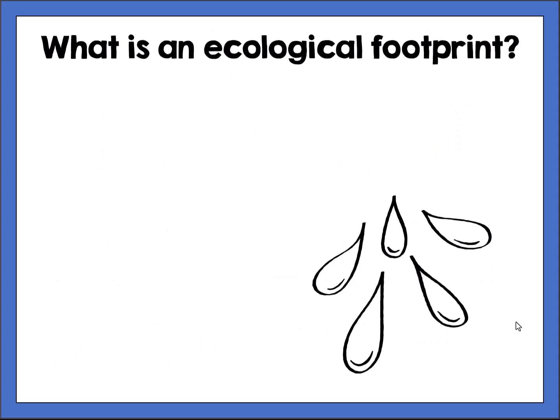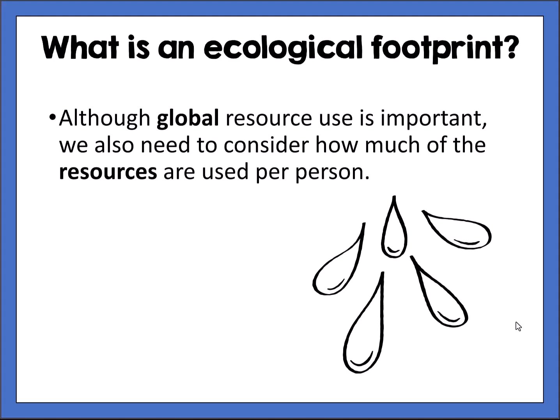What is an ecological footprint? So although global resource use is important, while we're talking about the entire human population using resources, we also need to consider how much of the resources are used per person. So how many of the resources from your environment are being used by you specifically?